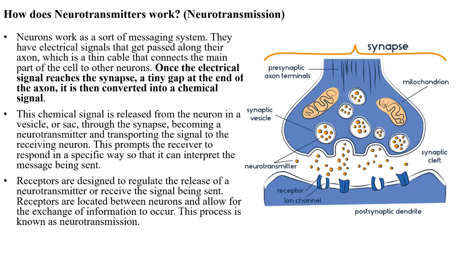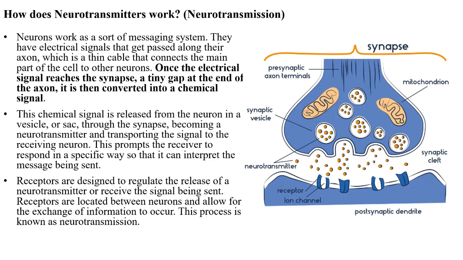So the chemical signal is released from the neuron in vesicles, the ones we studied about, which we also call sacs. This happens through a synapse, and then it becomes a neurotransmitter, and what that neurotransmitter does is transport the signal to the receiving neuron.